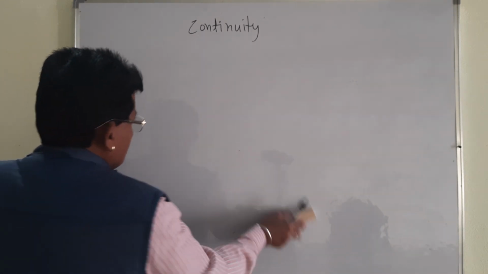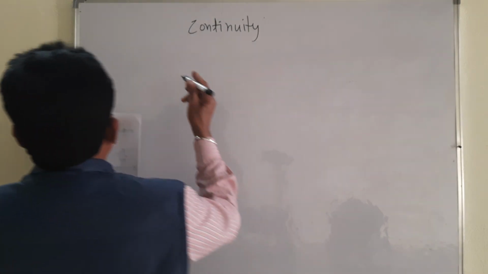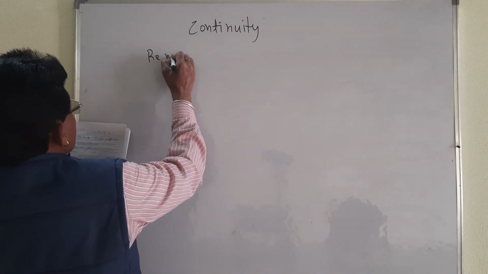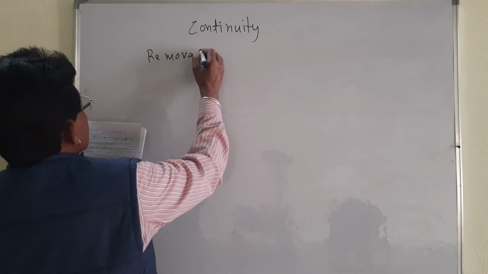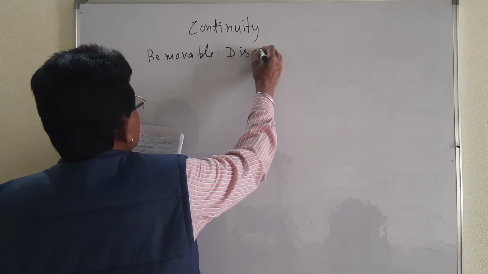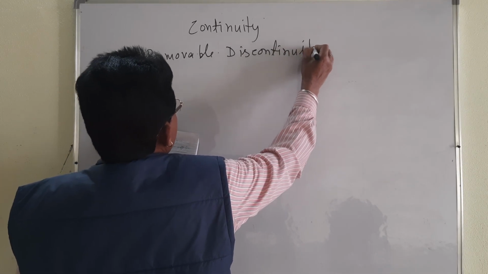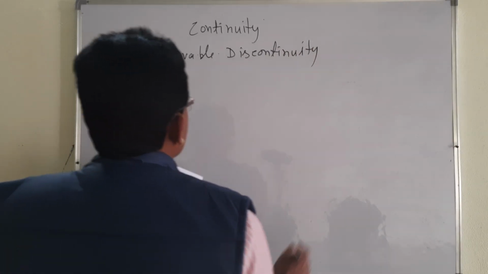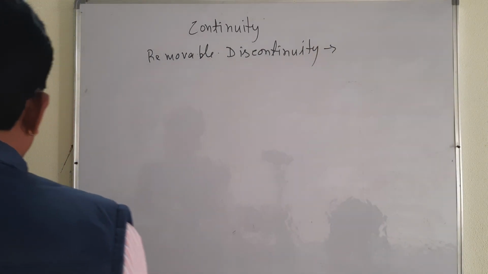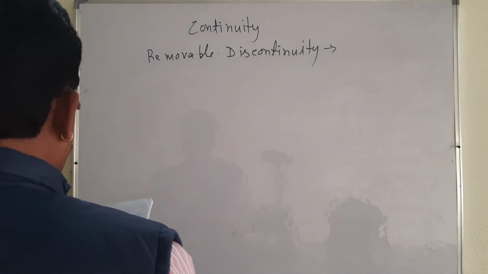See, dear student, I am taking removable discontinuity. Although I will take a number of questions related to continuity and discontinuity, today I am going to take only the important things.